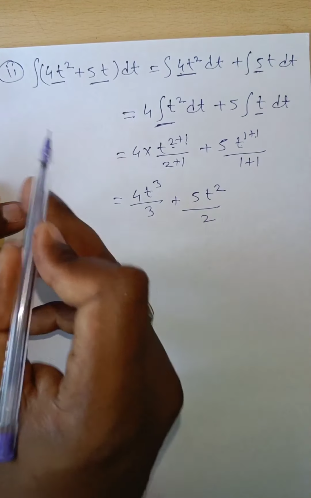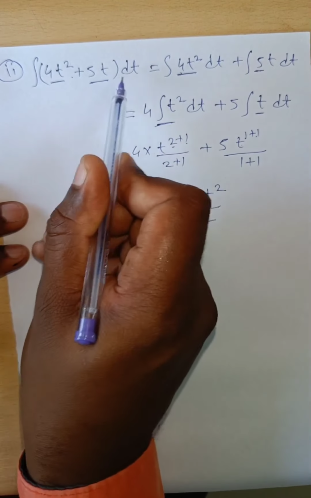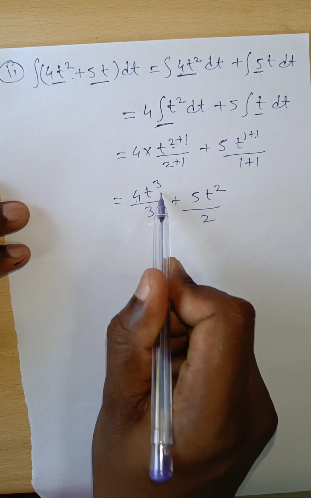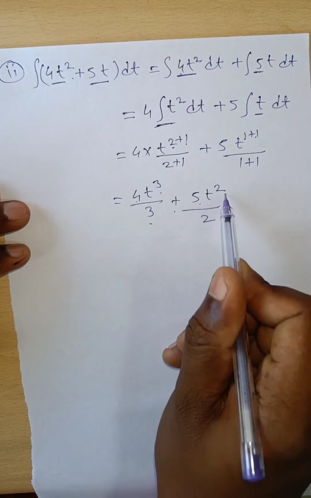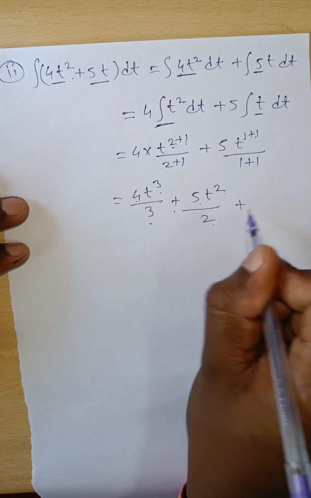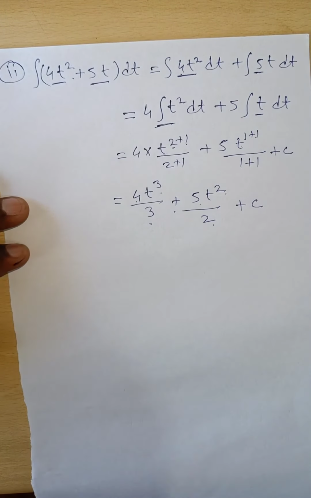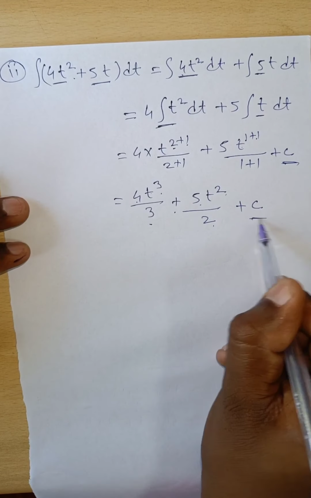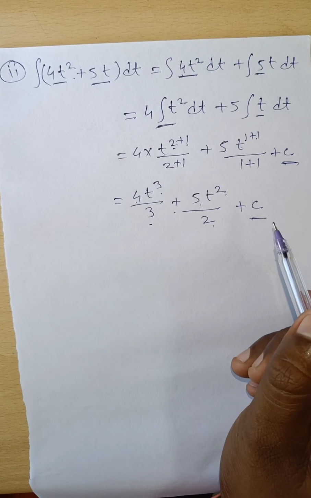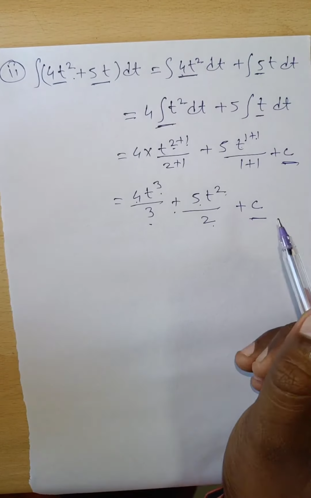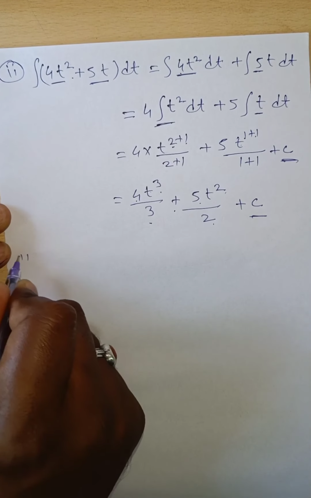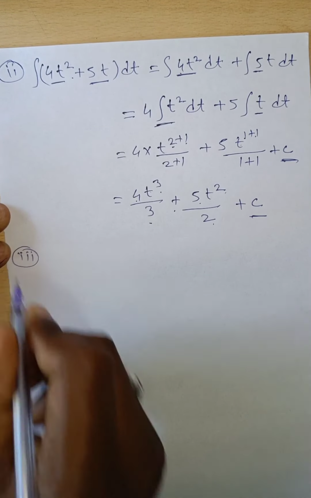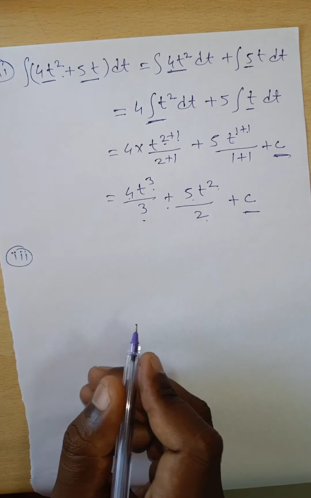Then the integration of 4t square plus 5t into dt is 4t cube by 3 plus 5t square by 2 plus some constant c. Now similarly we have to see one more example based on that.